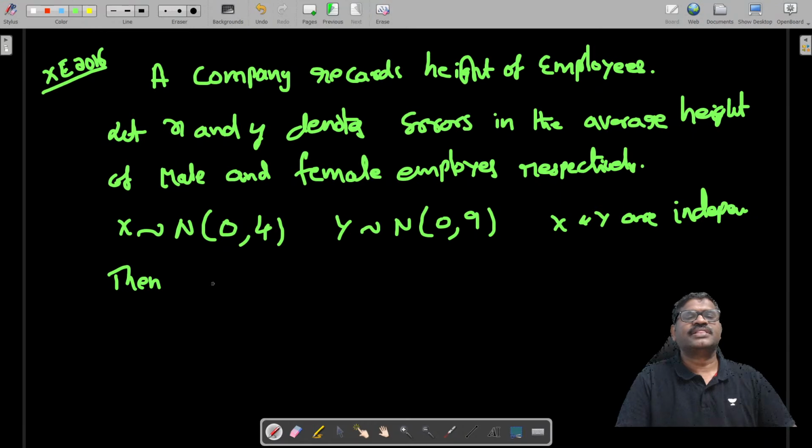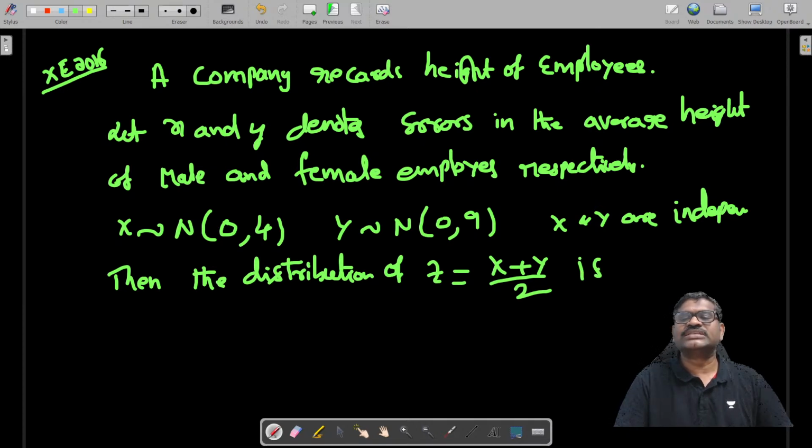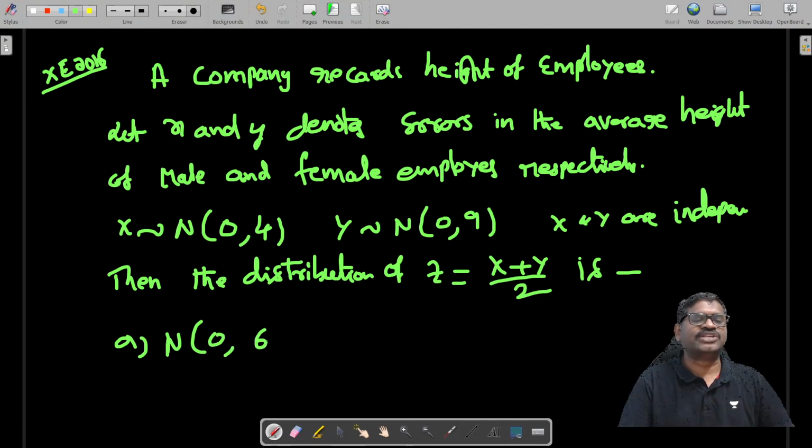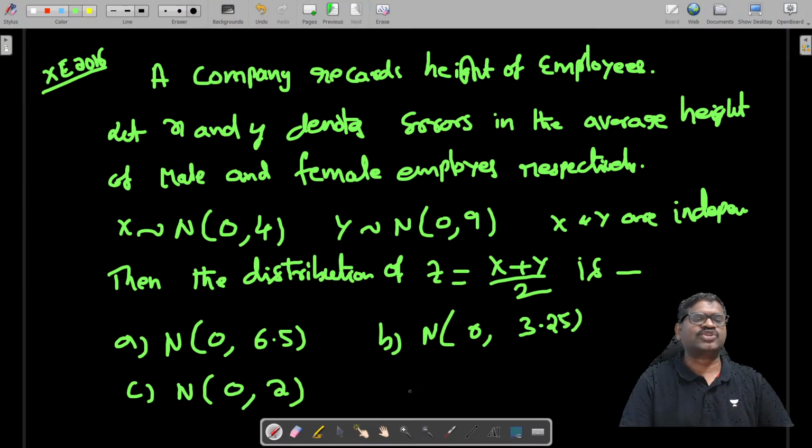Then the distribution of Z, which is (X plus Y) by 2. Option A, normal distribution with mean 0 and variance 6.5; normal distribution with mean 0 and variance 3.25; normal distribution with mean 0 and variance 2; normal distribution with mean 0 and variance 1.